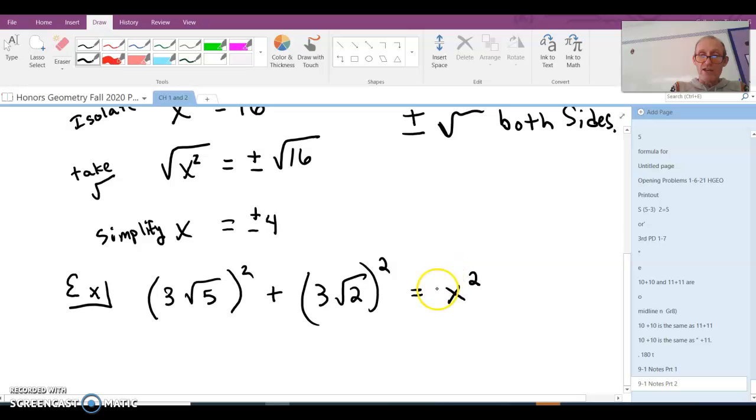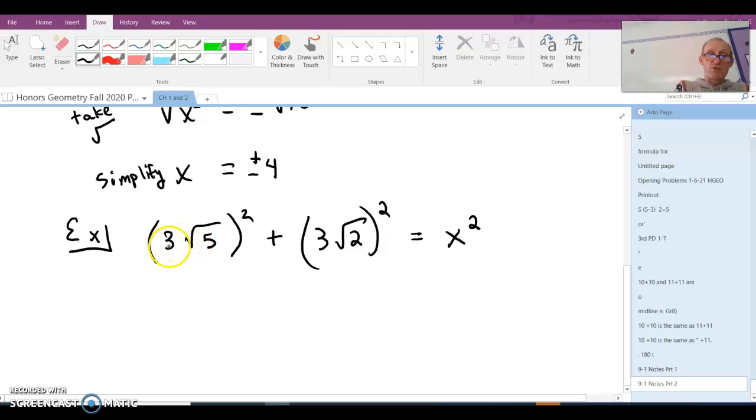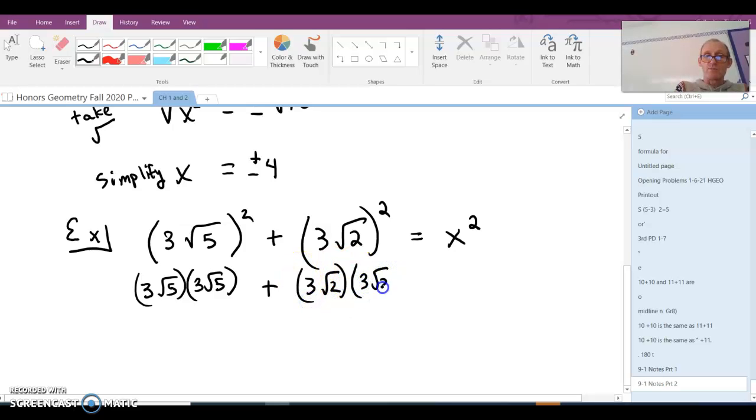Now x squared is already isolated here. We have to deal with this mess. So 3 times the square root of 5 squared is really 3 times the square root of 5 times 3 times the square root of 5, plus 3 times the square root of 2 times 3 times the square root of 2.